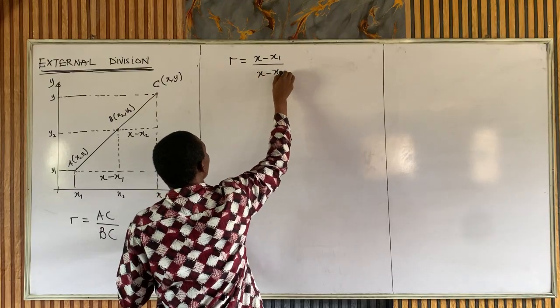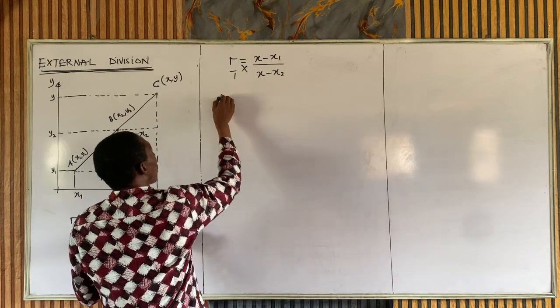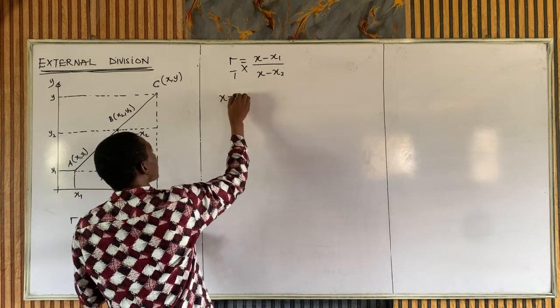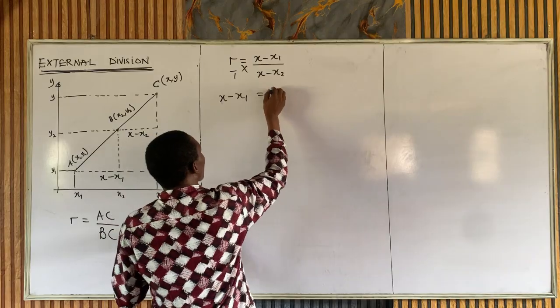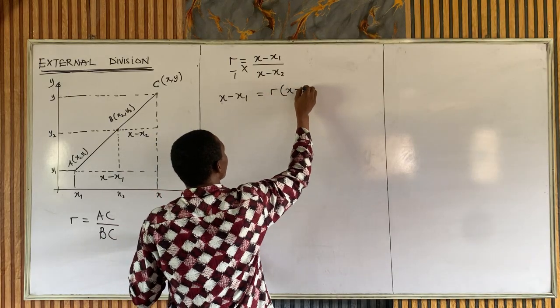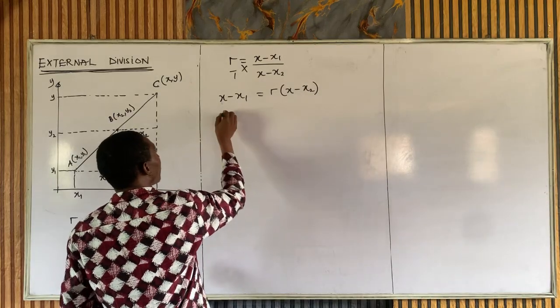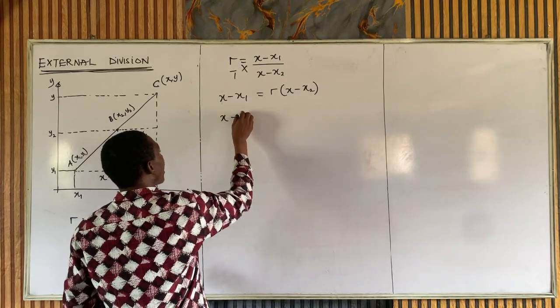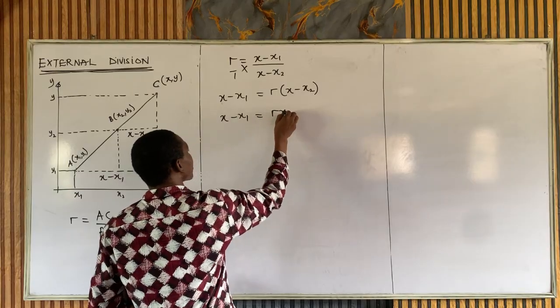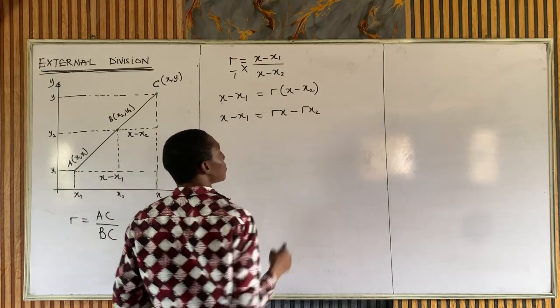minus x2. Here we can cross multiply, and that will give us x minus x1 being equal to R times x minus x2. And so this will give us x minus x1 being equal to Rx minus Rx2.